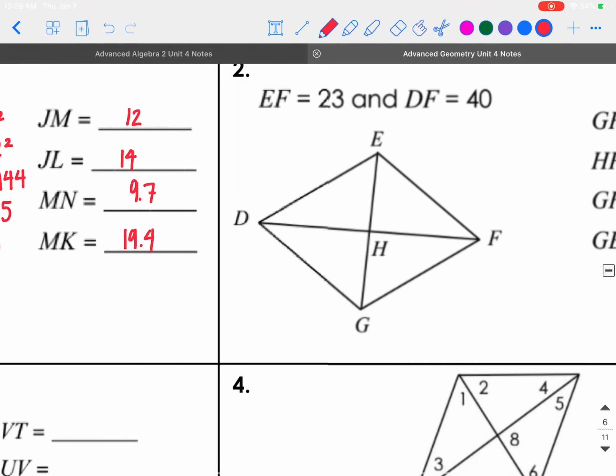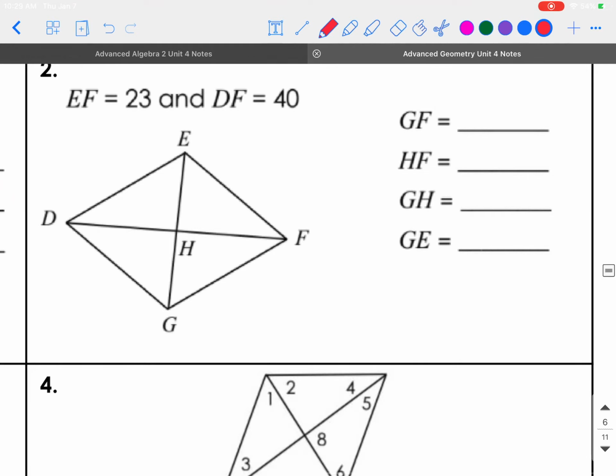All right, number 2. EF is 23. DF is 40. So if the entire DF is 40, that means this is 20, this is 20. And then that means all of these outsides are 23.